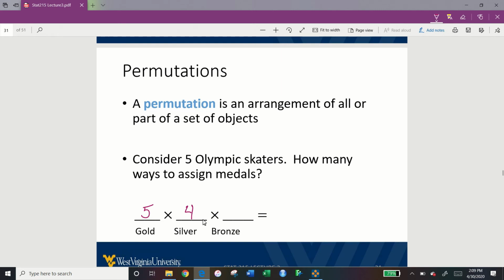How many people do we have remaining to try to win the bronze? We have 3. At this point, we can calculate how many ways to assign the medals by our multiplication rule. So 5 times 4 times 3, which equals 60 ways. So with 5 Olympic skaters, there are 60 ways to assign the medals.